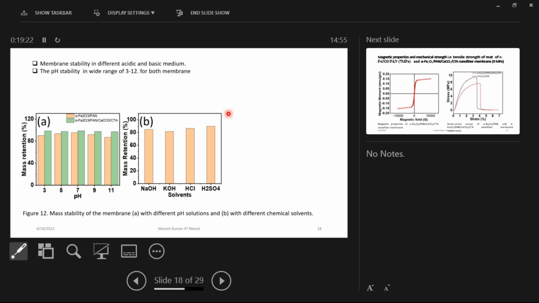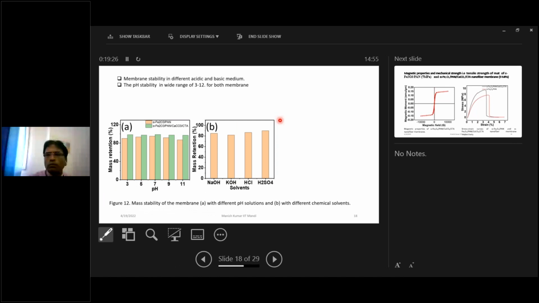Then we checked its membrane stability in different acidic and basic mediums, since wastewater can be acidic or basic. As you can see, the membrane is stable in different acidic and basic mediums, from pH 3 to 11, with no mass loss.